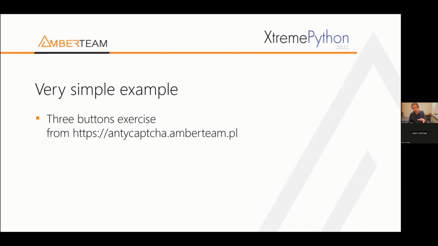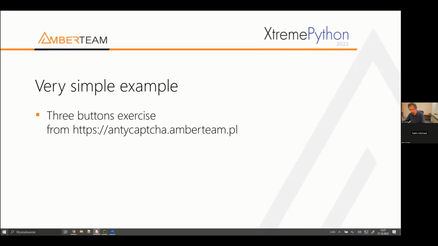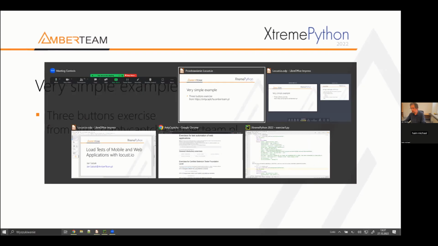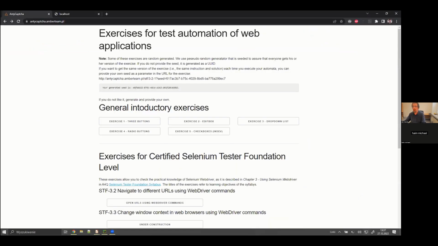The problem with Locust is that, being a library, it has no tools, for example, for recording the throughput. So let me change my application. Okay, and I would like to show you how to test a very simple application.